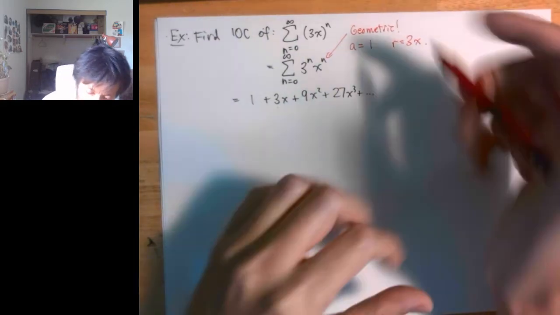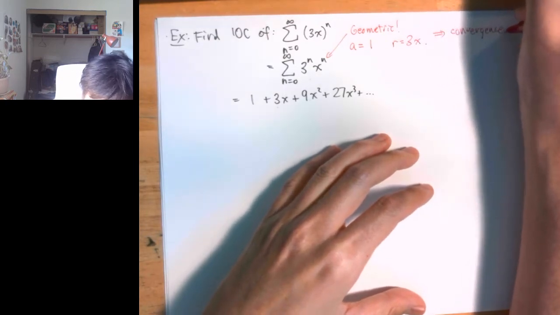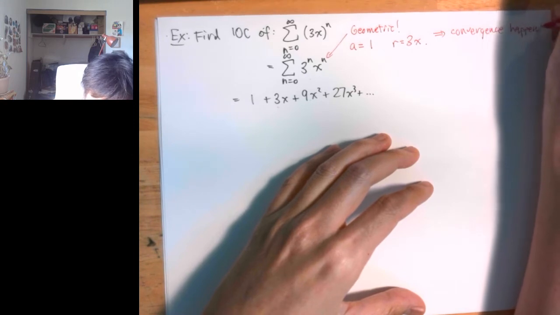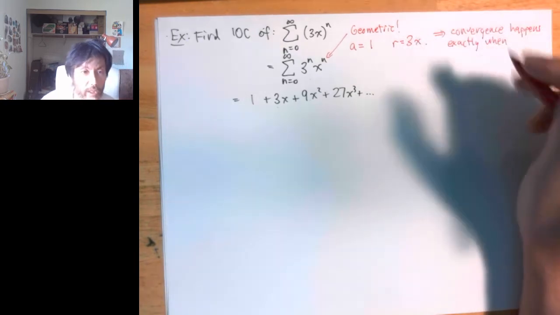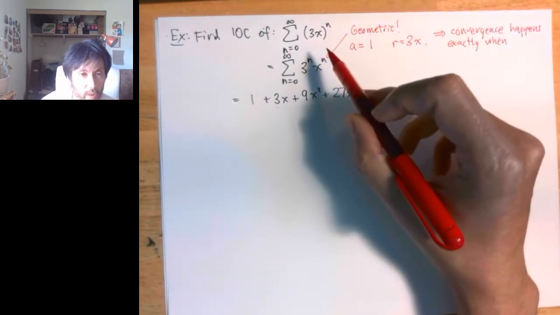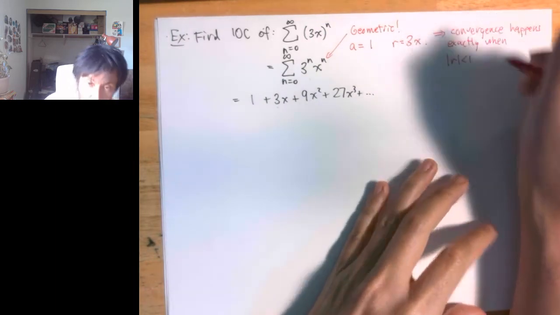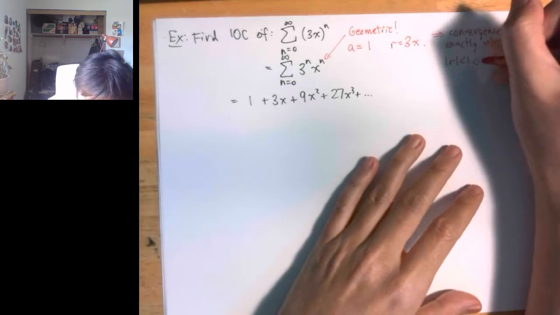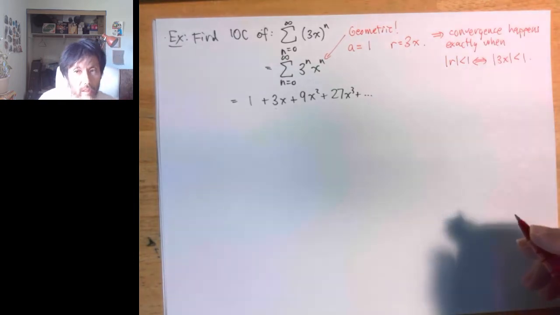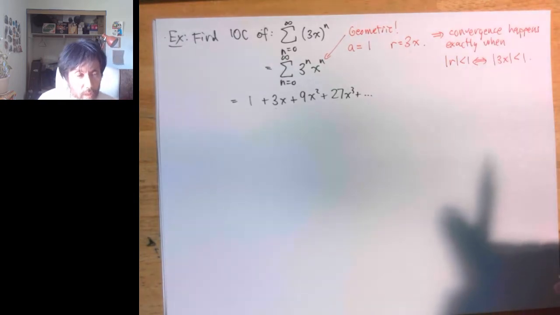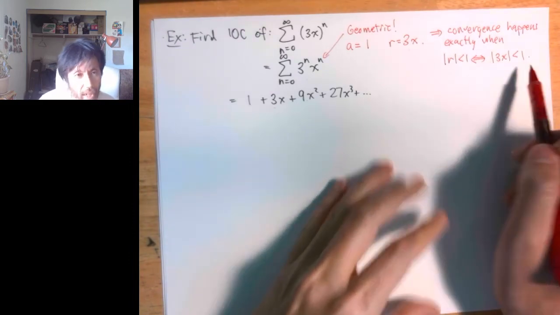And so this implies that we get convergence exactly when the condition for a geometric series to converge holds, that, remember, the absolute value of r is less than 1. But what's r? It's 3x. But when is the absolute value of 3x less than 1? How can that happen?